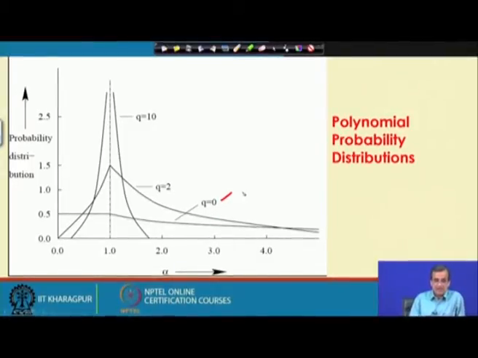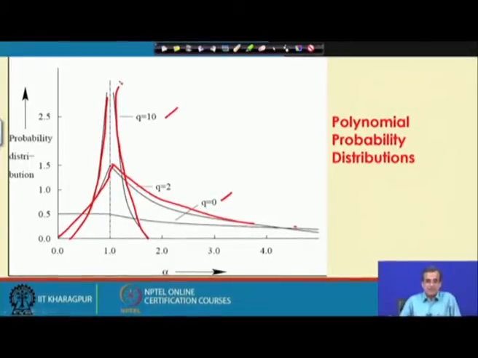Now, if I take a higher value of q, say q equal to 2, I will be getting this type of distribution. Similarly, if I take q equal to say 10, a higher value, in that case I will be getting this type of steeper distribution for this particular polynomial.